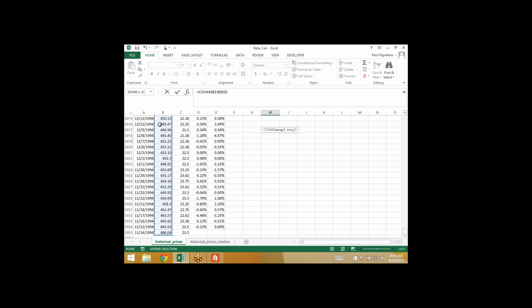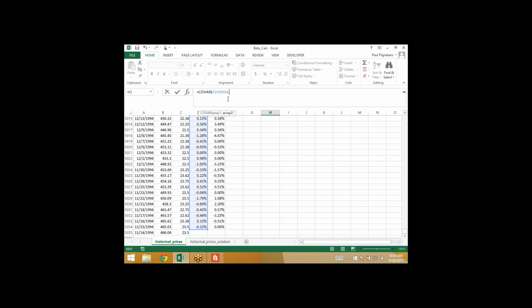I selected B2, colon, Control page down, Control arrow down gets me to the last cell. Oh, and I got to do it on the percentages, I'm sorry. I got to do it on column D, not column B. Yeah, I have to do it on the returns.